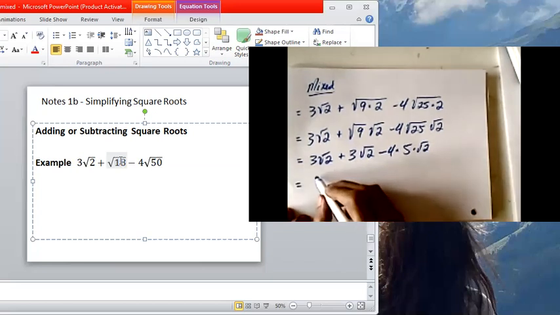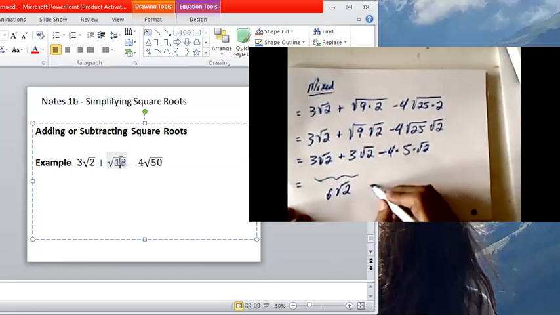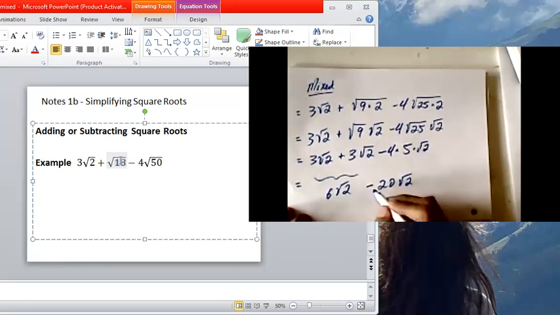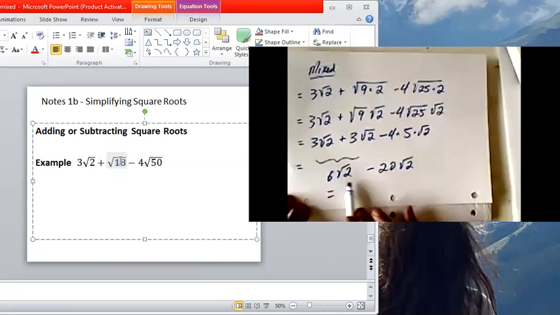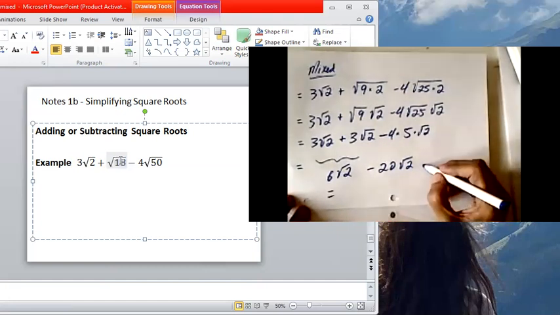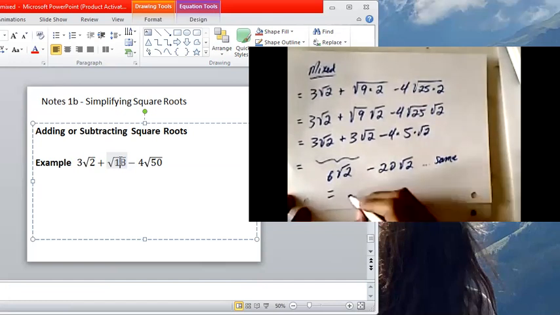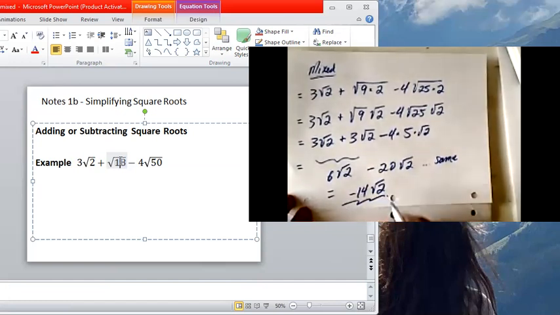And so now we can combine them together. 3 root 2 plus 3 root 2, that's a 6 root 2. 4 times 5, you do that first, so that's a subtract 20 root 2. The insides are still the same, so that means we can keep going to the final answer of negative 14 root 2.